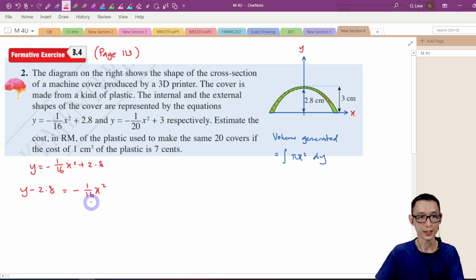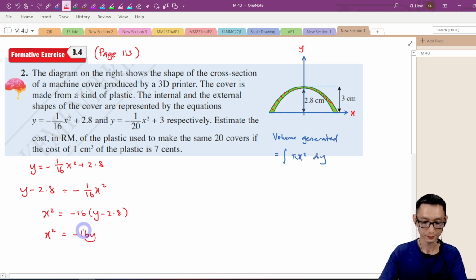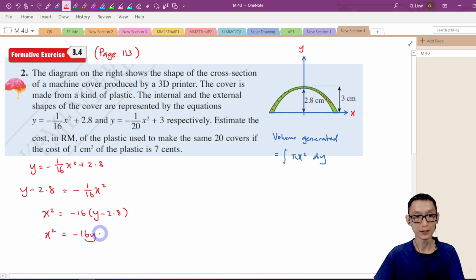Okay, so the next step, x squared is equal to this whole thing times negative 16. Just press your calculator. This is negative 16y, negative times negative becomes positive 44.8. Okay, so this is for this one.